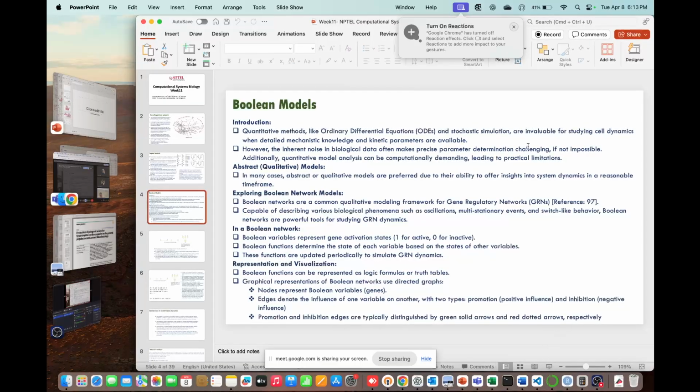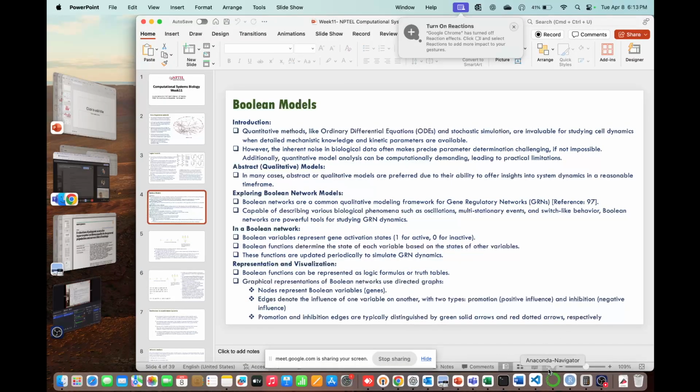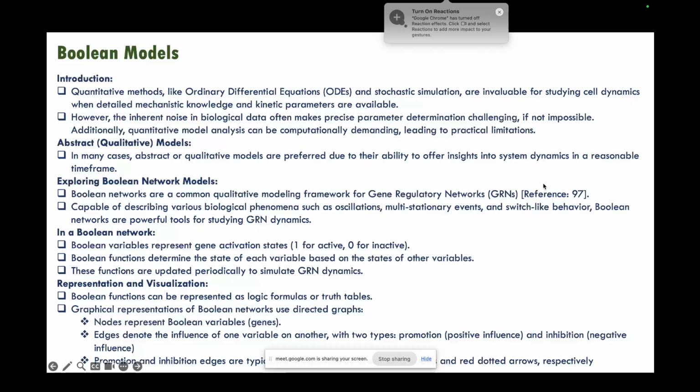Okay. If you look at the literature around these kinds of models, there are a lot of works done on this. Boolean models are used in different systems. Say, for example, a cell is transitioning from one state to another, and you want to model the whole dynamic thing.